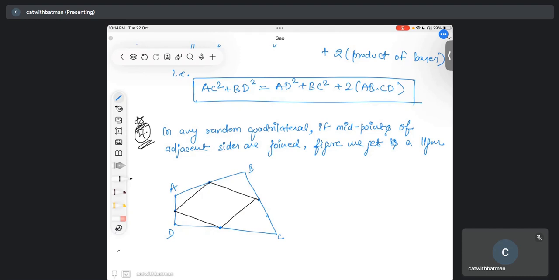Look, even I drew a very random diagram, right? It does look like a parallelogram, and that will always happen.